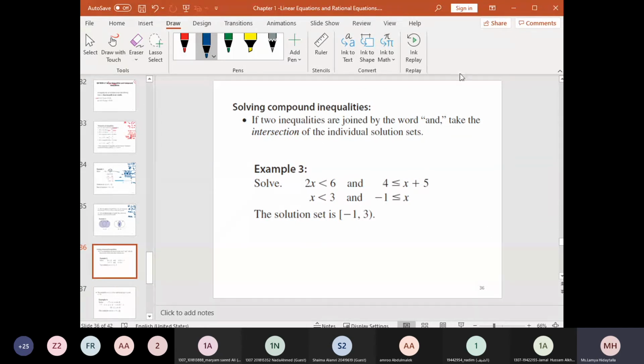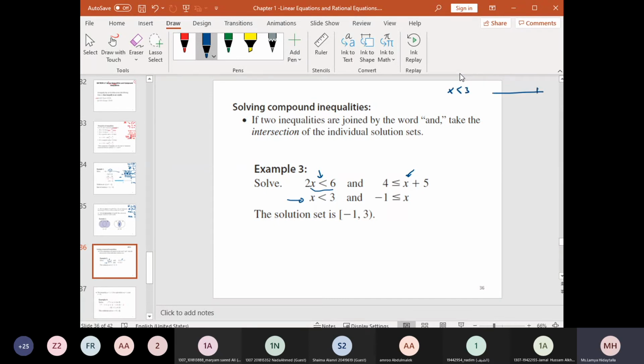So I need the values that satisfy this inequality and also satisfy that inequality. First we solve this one: divide both sides by 2, so x less than 3. So the first solution is x less than 3.